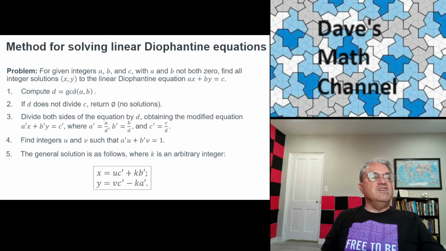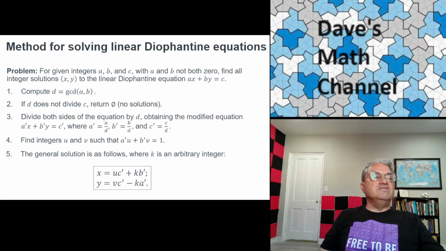But if it does divide c, the third step says you can simplify this Diophantine equation by dividing all the coefficients by D, by the greatest common divisor. Then you get a new Diophantine equation, which I wrote as a prime x plus b prime y equals c prime. This has the same solutions because all we did was divide both sides of the equation by the same number D. And that doesn't affect x and y.